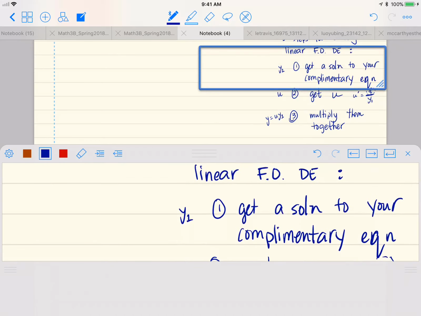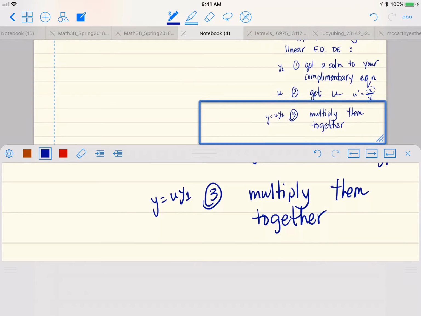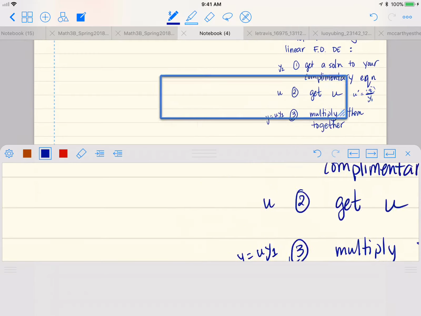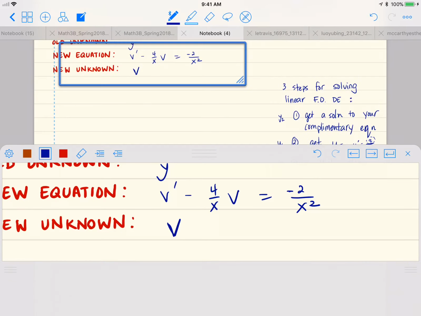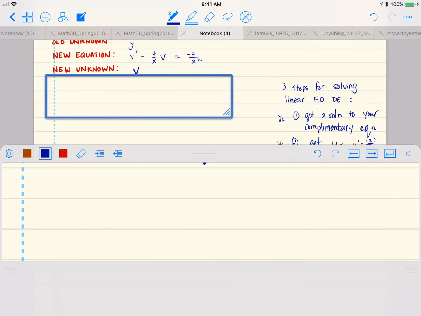Notice that this y1 and this y is not the same as the y that we're solving for, because really we're trying to solve this equation here, v prime minus 4 over x v equals negative 2 over x squared.